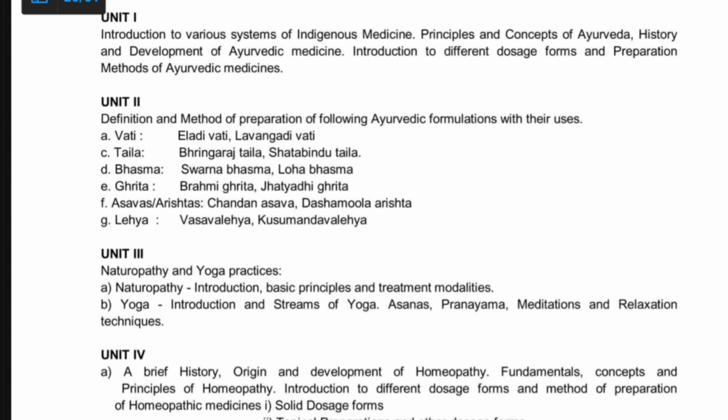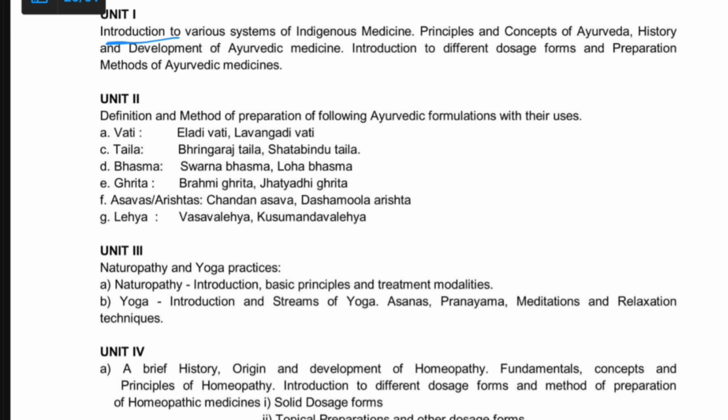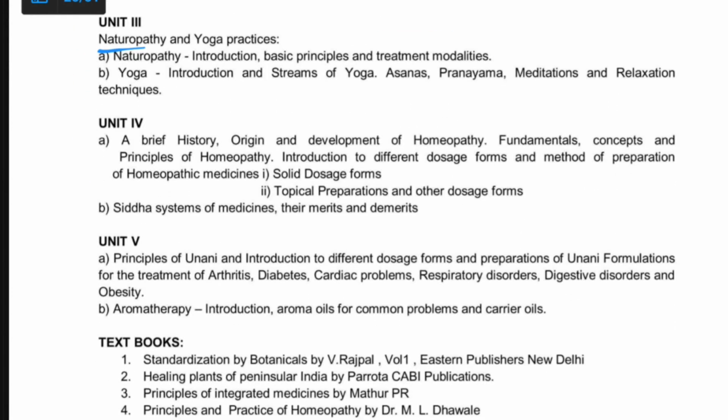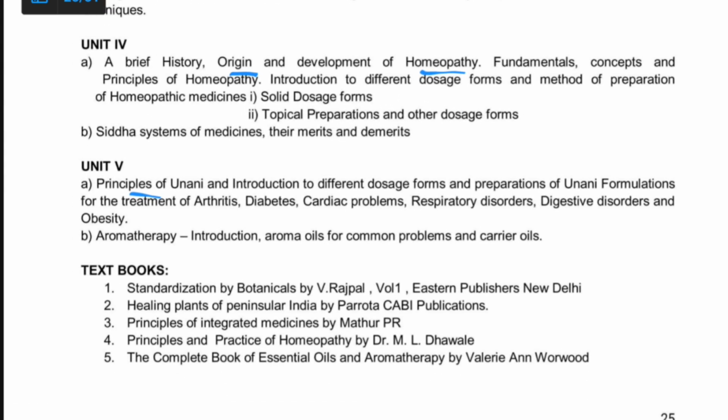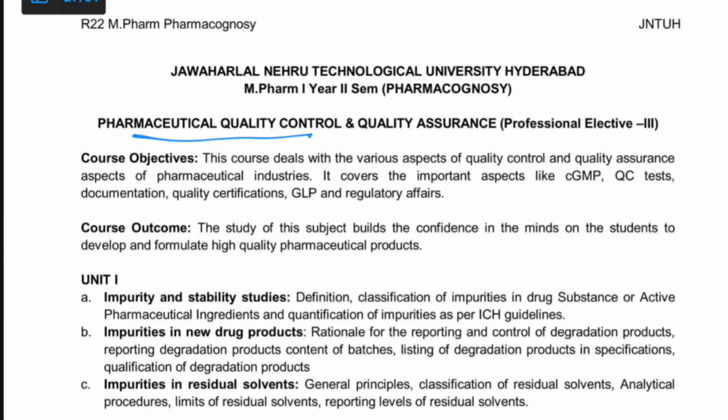Indian system of medicine: introduction to indigenous medicines, Ayurvedic formulations and their uses, naturopathy and yoga practices, a brief history, origin and development of homeopathy, principles of Unani and different dosage forms of Unani formulations.